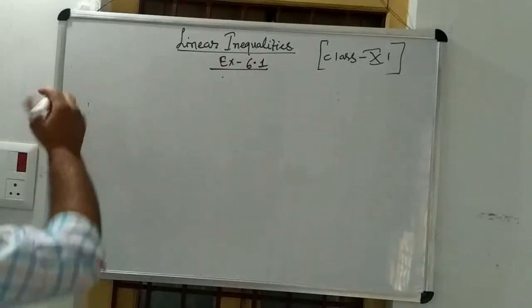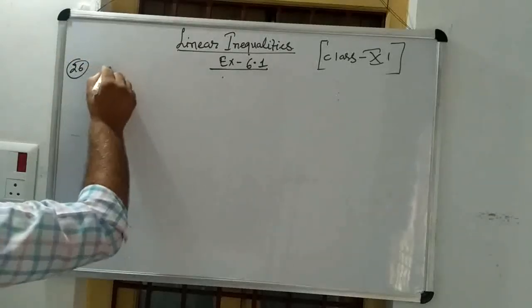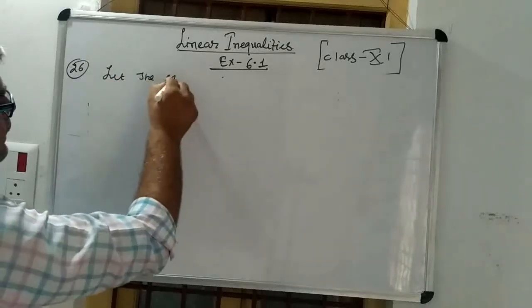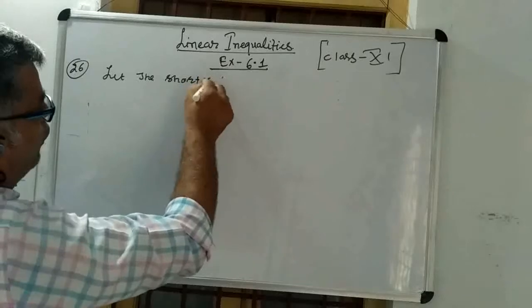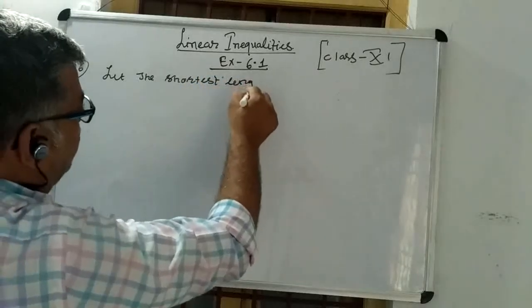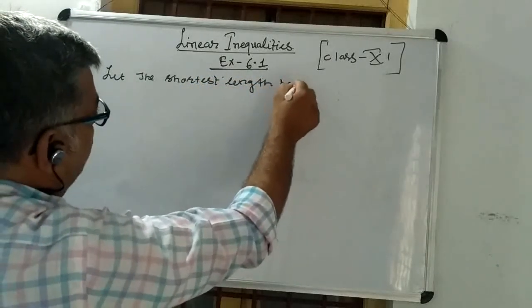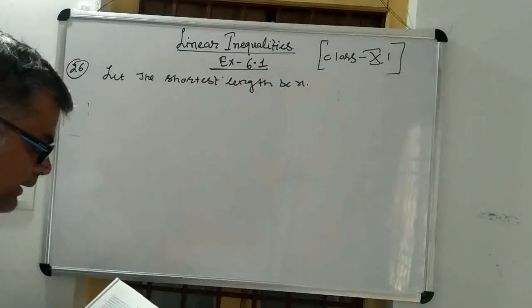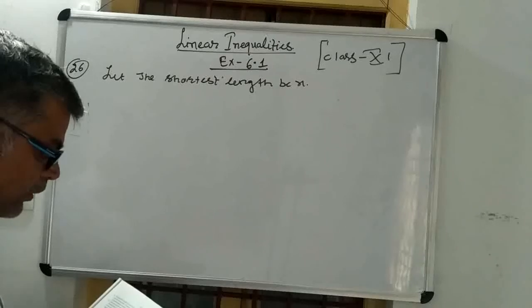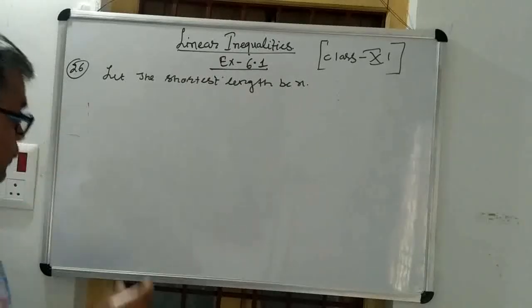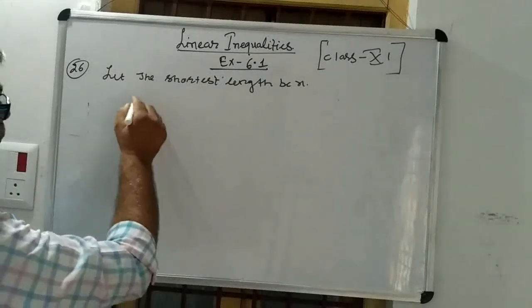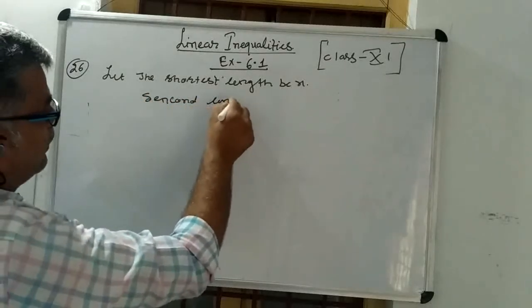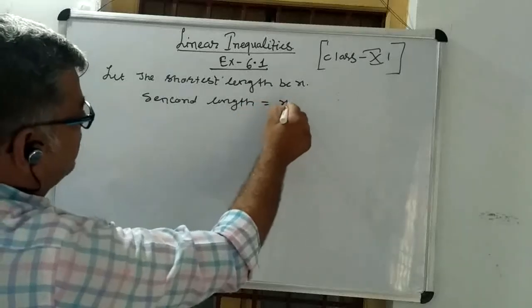First, let the shortest length be x. The second length is to be 3 centimeter longer than the shortest, so the second length will be x plus 3.